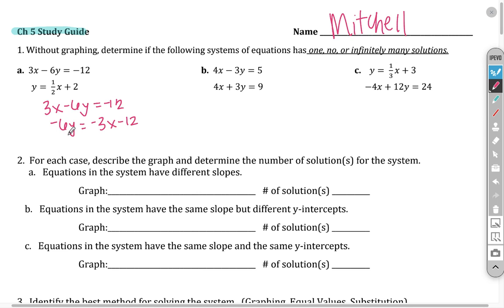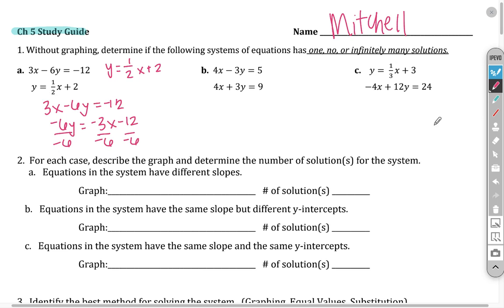And we want y alone, so we're going to divide by negative 6. And we get y equals negative 3 divided by negative 6 is going to be positive 3 over 6, which reduces to 1/2, so 1/2 x. And then negative 12 divided by negative 6 is going to give us positive 2.